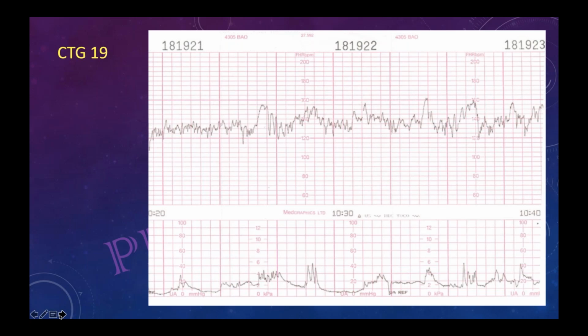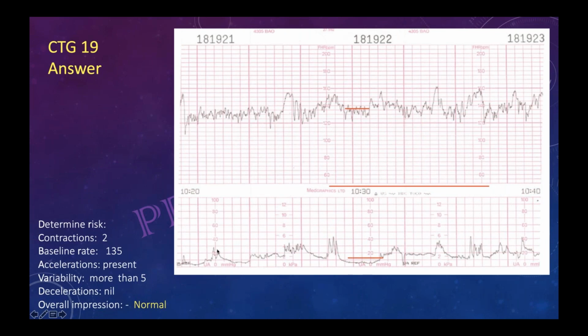Okay, very good. So it is a normal CTG, baseline like 135, this is acceleration, this is acceleration, so we are happy. Variability, you can see, so good variability, no deceleration, normal.